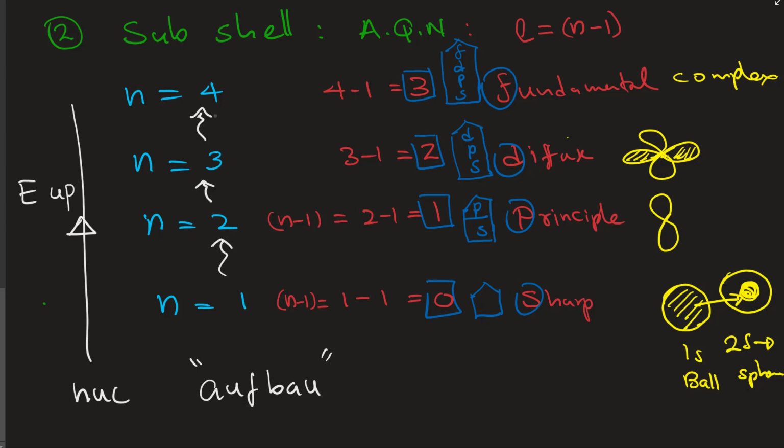Aufbau is actually German for construction, the building up. Okay. Now that's how the electrons are filled from level n1 to 2 to 3 to 4. Now, the take-home here is that the L values are 0, 1, 2, 3, and their symbols are S, P, D, F, right?